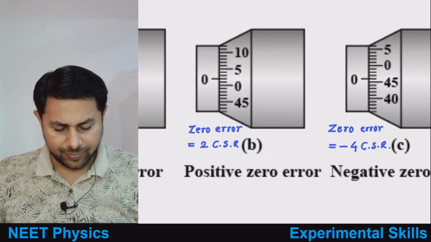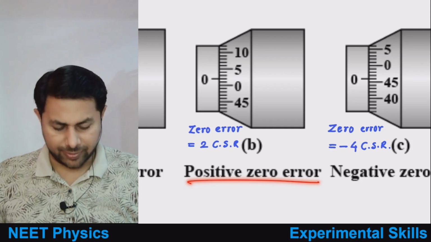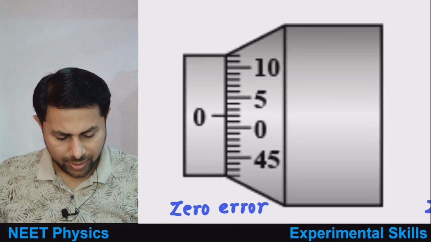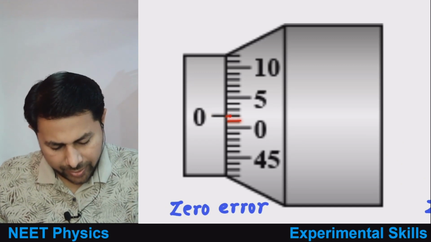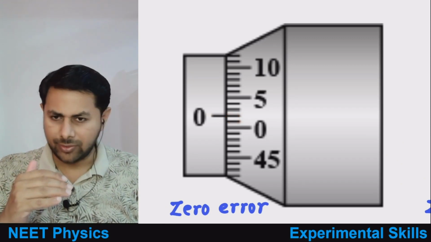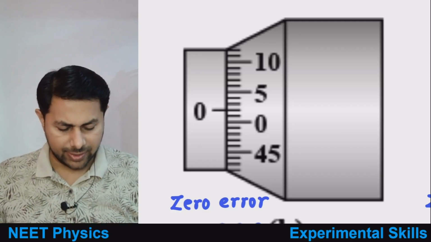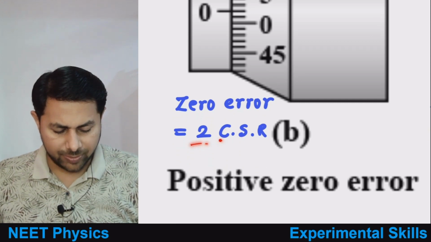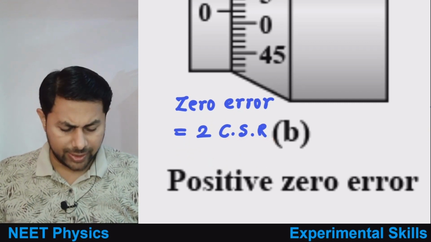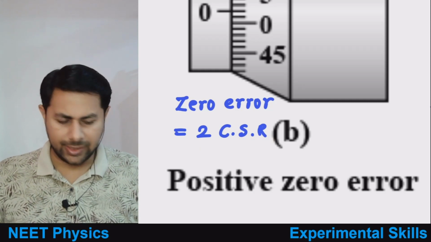Here you can see this is positive 0 error. How is it positive? The horizontal line on the main scale matches with the second line of the circular scale. So the 0 error is 2 circular scale readings multiplied by the least count.